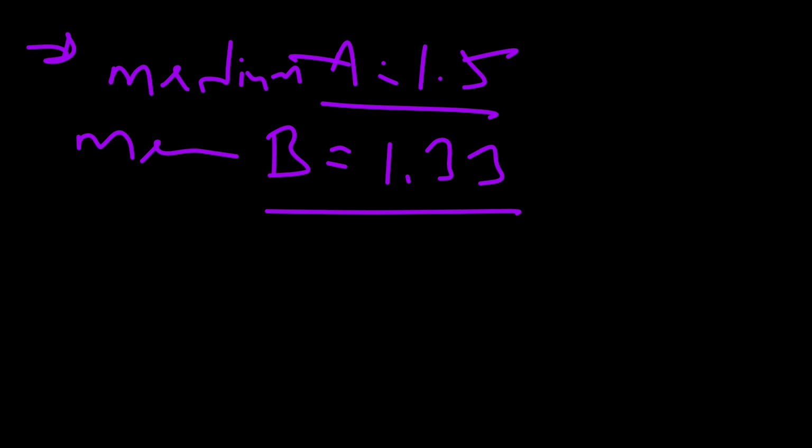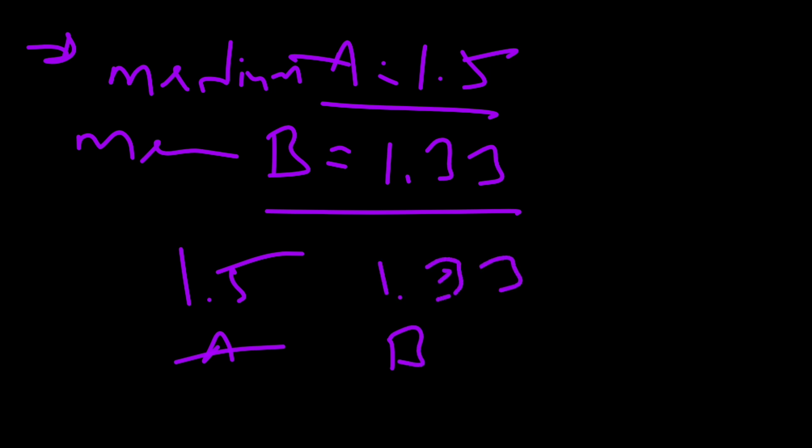Medium A is 1.5 and medium B is 1.33. Among these two, which has a higher refractive index value? 1.5. So medium A is optically denser than medium B. So A is denser than B.